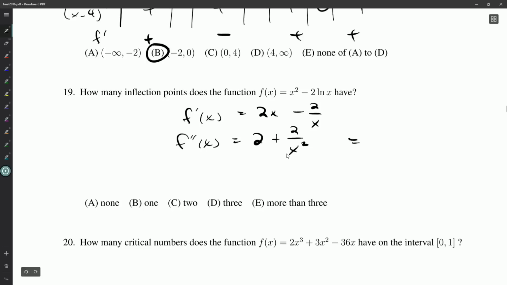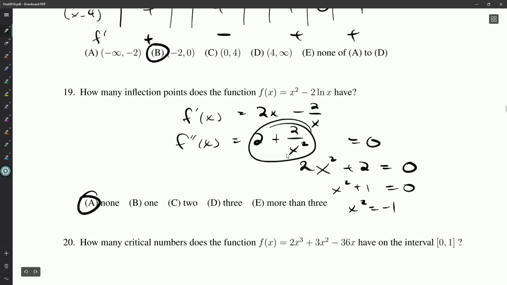So when is this equal to 0? Well, if you multiply by x squared on both sides, and I suppose divide by 2, you have to say, well, what square can I make equal to negative 1? And that never happens. So our answer is going to be none. For no values does this have inflection points. In fact, it's always concave up.